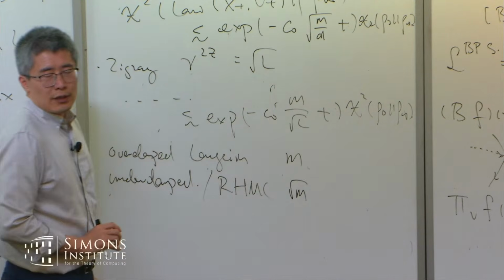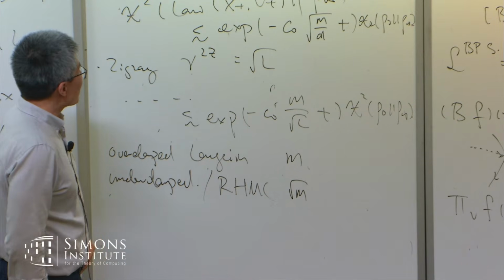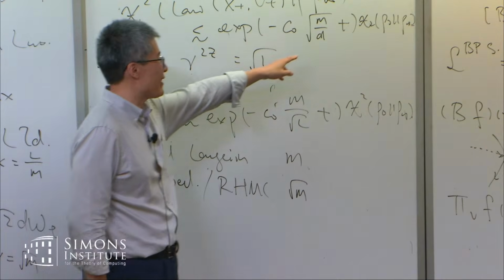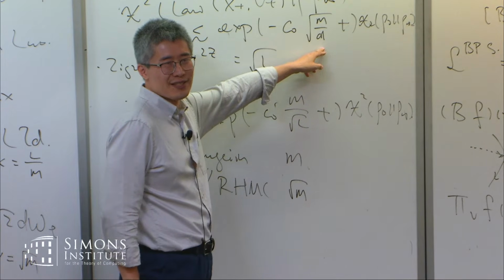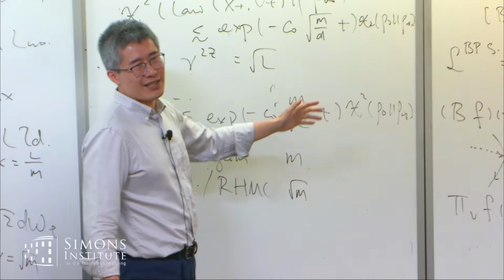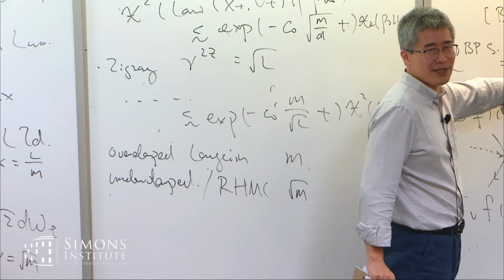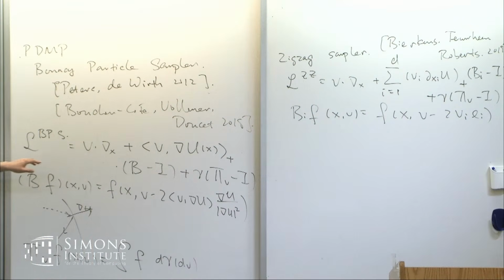Now if you compare, you see that in some sense BPS already loses the game because you have a dimension dependence here in terms of the convergence rate. But it's not that clear, because at the end of the day you do not really need spatial or temporal discretization to implement this process, so maybe it will win back later.